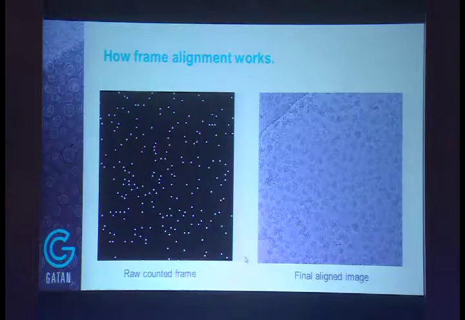As we looked earlier, a raw counted frame might look something like this. Now I've zoomed in a little bit to make it clearer to see the particular parts of the image. A raw counted frame might look something like this, and a final aligned image might look something like that, right? And so the steps in the middle are actually important when you're thinking about buying a camera. So let me walk through this for a second.